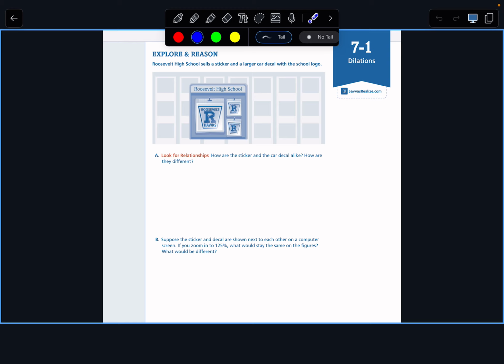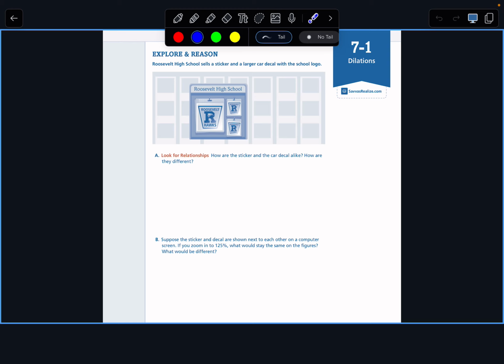Okay? So the whole point of this chapter is we are going to talk about similar figures. Now, lucky for you, this chapter in this book starts out with dilations. You know what a dilation is.